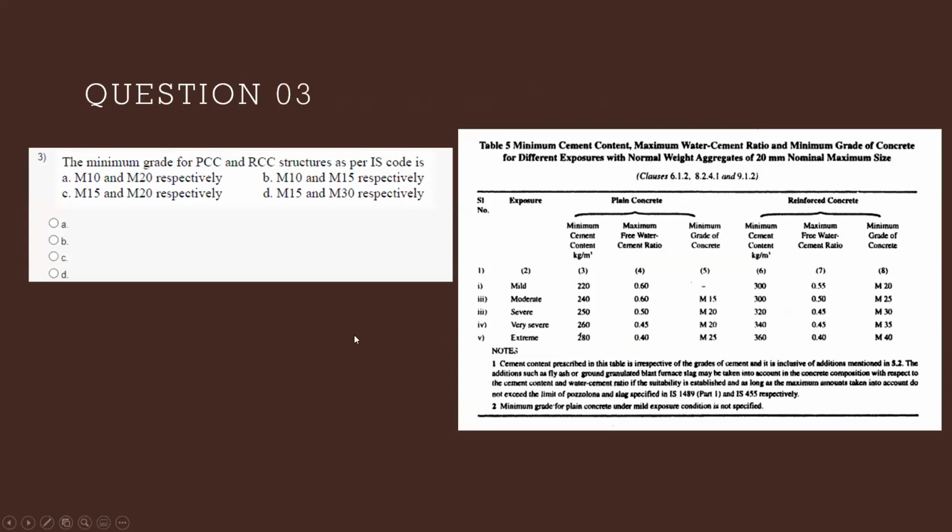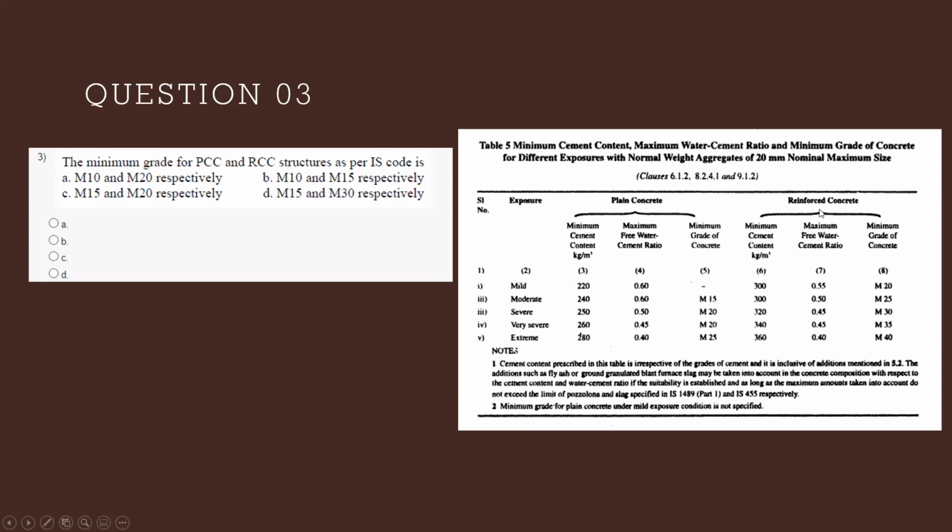Coming to question three, it is about the minimum grade of plain cement concrete, PCC, and RCC structures as per IS code. Here on the right hand side, I have given a table showing the minimum grade of concrete with respect to the different exposure conditions used for both PCC, plain cement concrete, as well as RCC. From the table, it can be clearly seen that under mild conditions, the minimum grade of concrete for plain cement concrete is M15, in column 5.